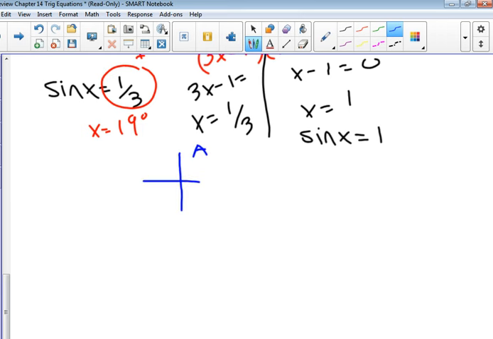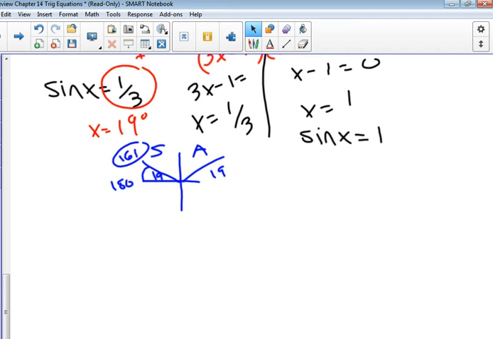A and F. Good. So we already have 19 in A. And then 180 minus 19. Yep, go for it. 161. Perfect. So we got 161 too.